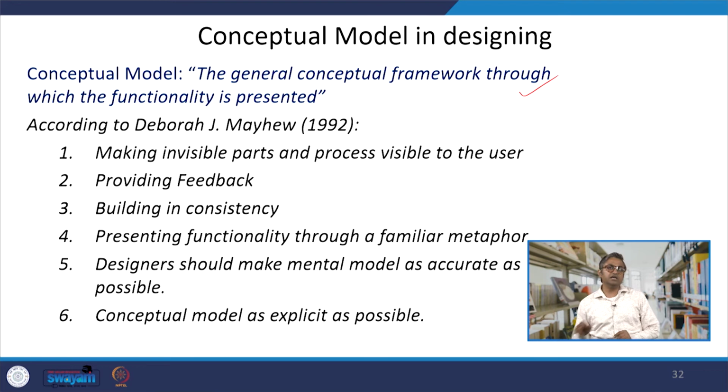Another aspect is that we have to make the conceptual model as direct and as simple as possible. The idea should be very simple. The moment the conceptual model is implicit, it brings ambiguity, and that would be a violation of the above 5 rules.